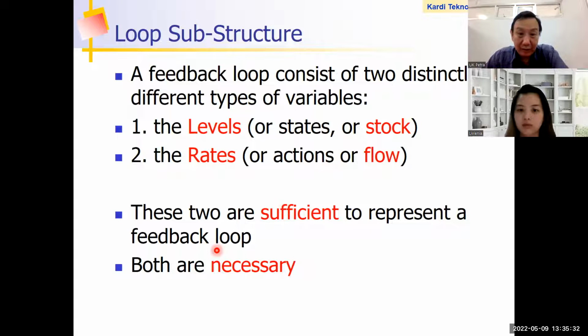This is the theory of J. Forrester, system dynamic. These two only are sufficient to represent the feedback loop and both are necessary. This is the most important thing here. Only two are sufficient and necessary. That means you only need two.